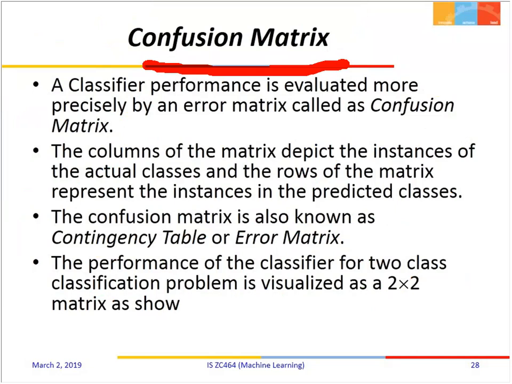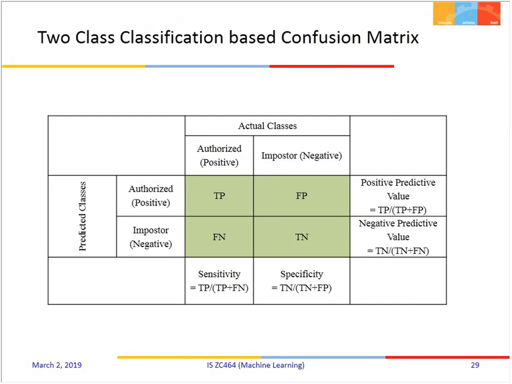The confusion matrix is also known as contingency table, or otherwise some people call it error matrix. So the performance of the classifier for a two-class classification problem is visualized as a 2 by 2 matrix as shown below, right? Here in this slide.